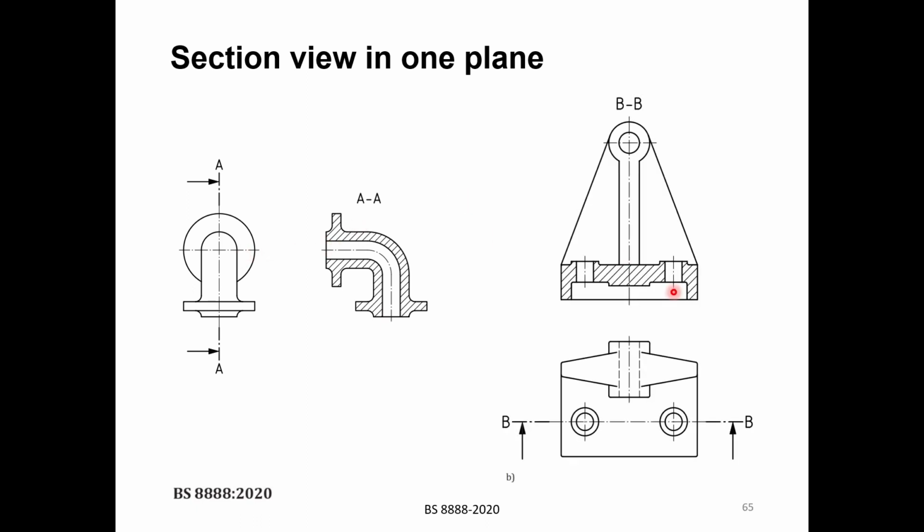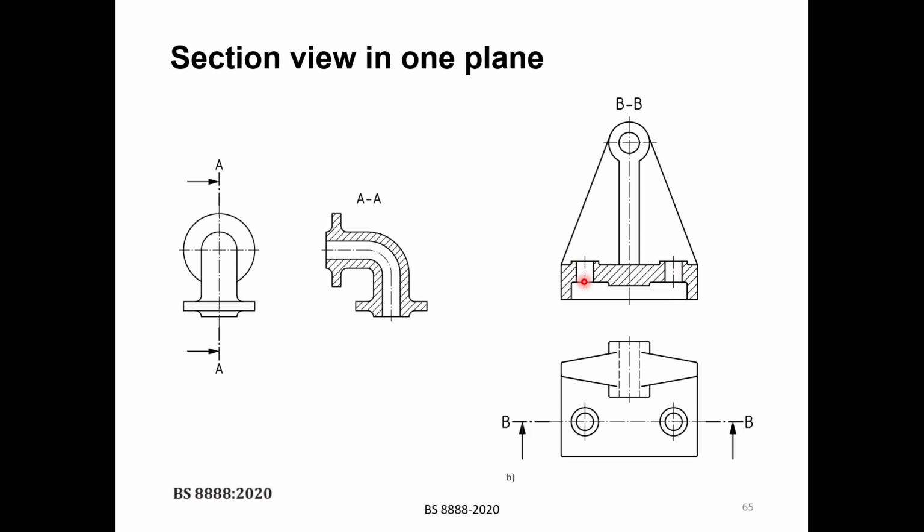Also here, for example, you have another example where the base has some cavity, but without using sections, it won't be possible to see this clearly. It will be shown using dashed lines, or it will be hidden.